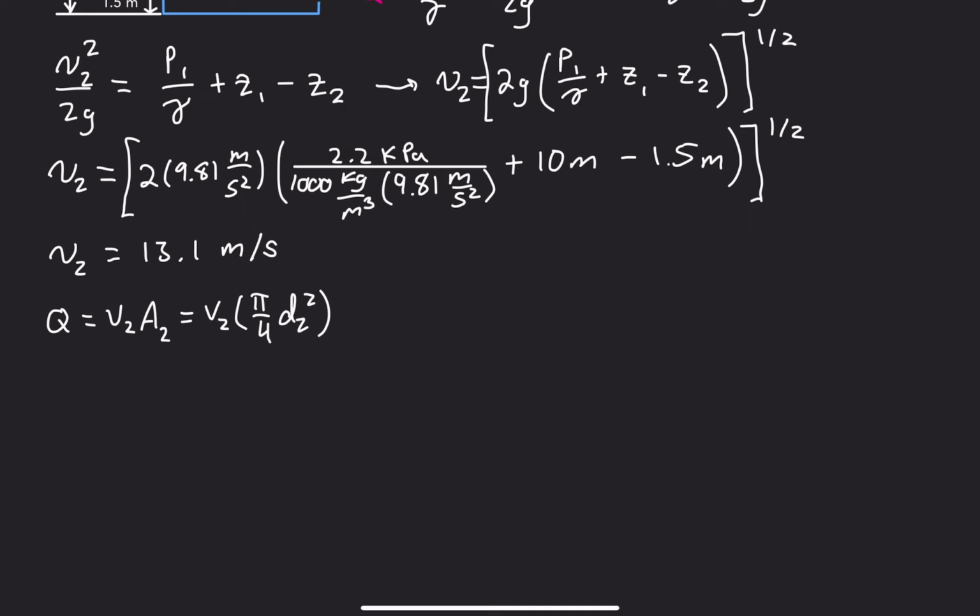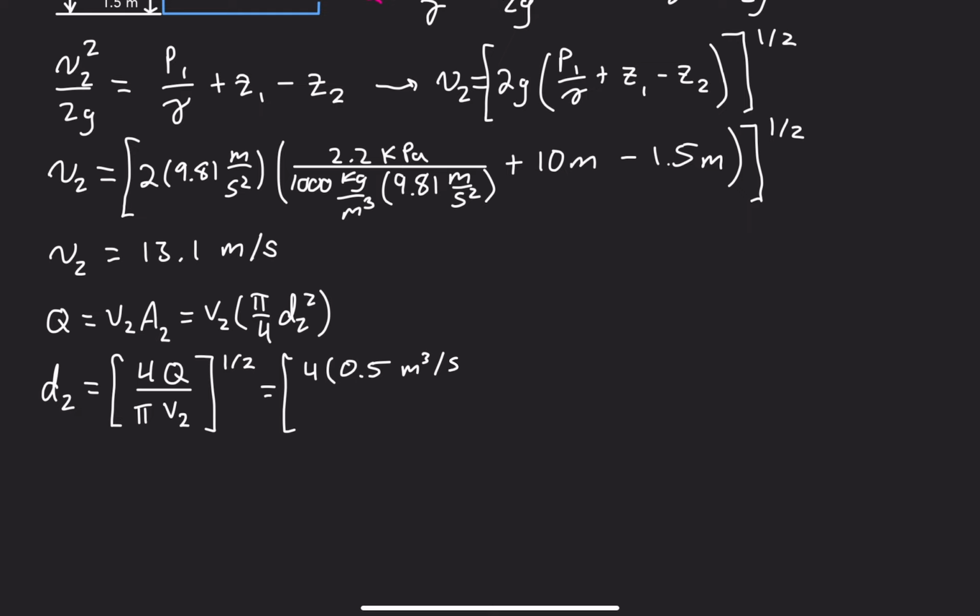So D2, solving for D2, will be the square root of 4Q divided by pi V2, which is the square root of four times 0.5 cubic meters per second divided by pi times 13.1 meters per second.